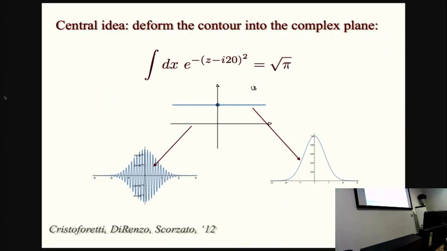Now, this central idea, as you pointed out, is that instead of integrating over real fields, as we usually do, we can deform the contour in complex space. Okay? So before you say that the sign problem is going to come back some other way, miraculously, let me give an example where it obviously doesn't. Let's take this Gaussian integral here. If I try to compute this integral on the real axis, I get this thing.